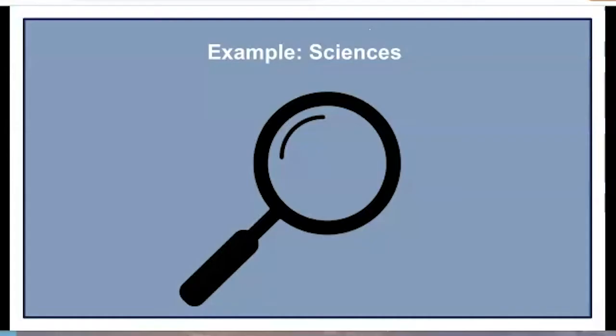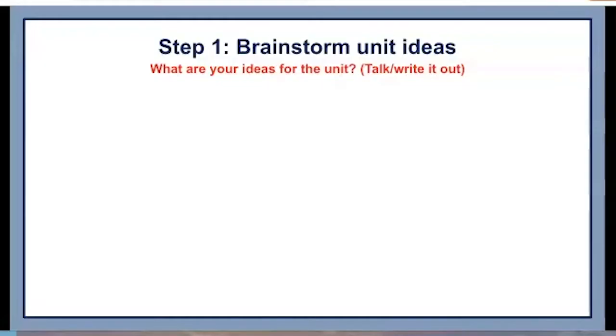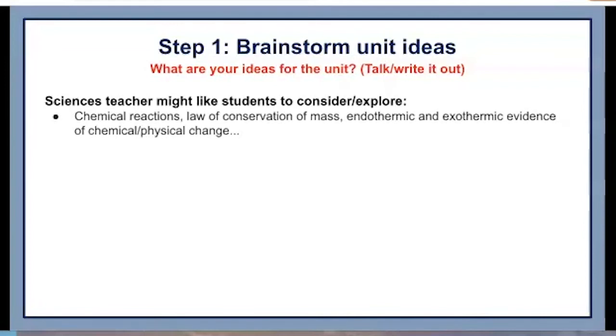So to review those steps and consider a different subject, let's look briefly at another example, this time from sciences. Again, the first step might be to start with the content outcomes. The teacher might begin by talking or listing out general content topics.